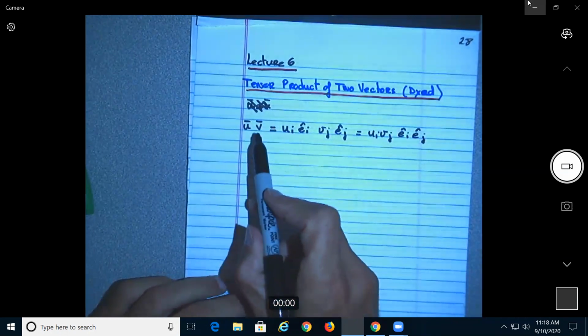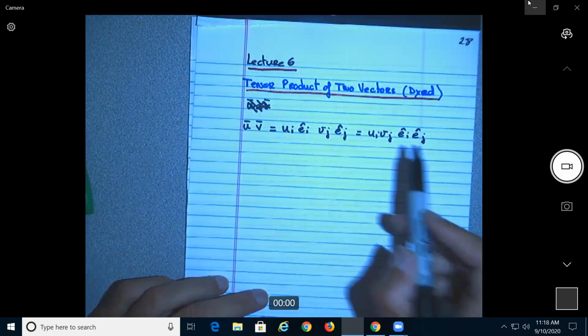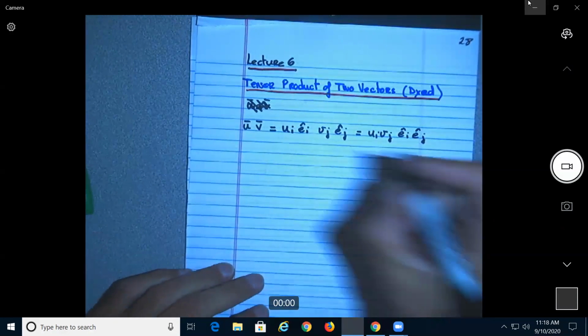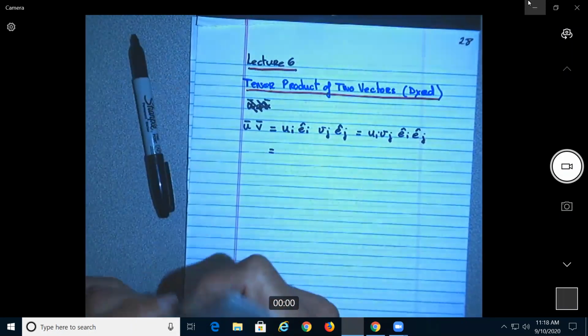Now this is a vector: magnitude, direction, magnitude, direction. You combine it. So now if we expand it, what do we have? Let's just do the first one.